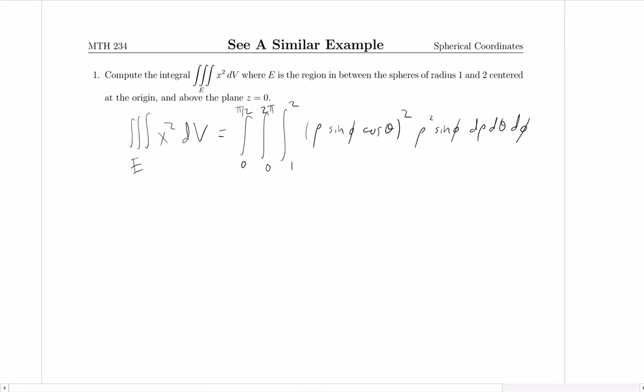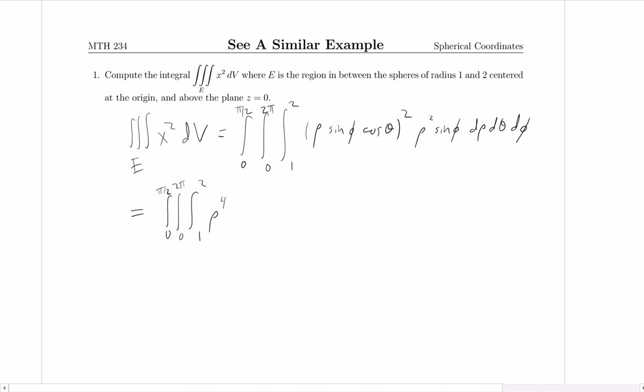Okay, now we just need to expand everything out and finish computing the integral. So we get a rho squared from the first part and a rho squared from the differential. So all in all we get rho to the fourth.